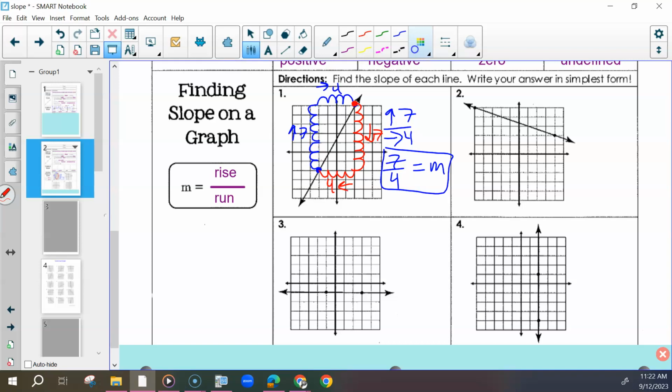It's going to end up being the same number. But because the down and the left would both be negatives, this would be negative 7 over negative 4, which would make it a positive. Questions on how we read the graph to find the slope?